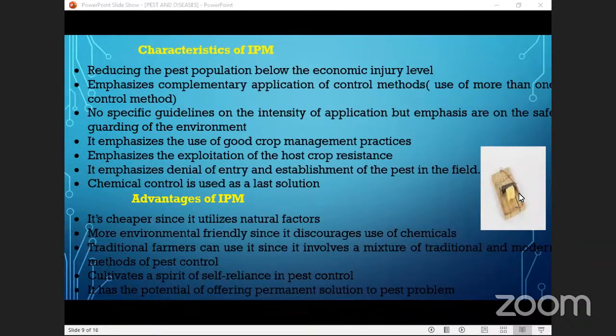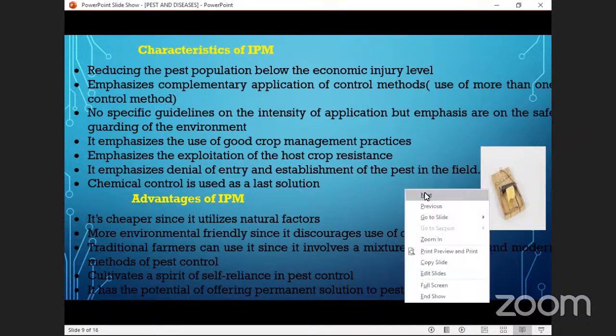Before the introduction of rat poisons, this used to be the best way to control the rats. You put a bait somewhere there, maybe food, and then when it comes to taste, the neck is captured, the head is captured. This falls under physical pest control measure.